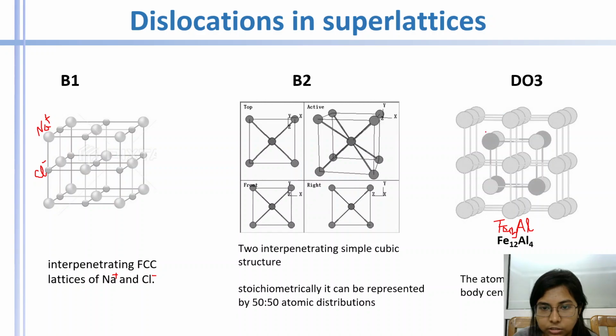So this is a body-centered cubic lattice, and if we consider the total lattice, then it is actually Fe12Al4. These are the Al atoms. This one is Al, and this one is Al.